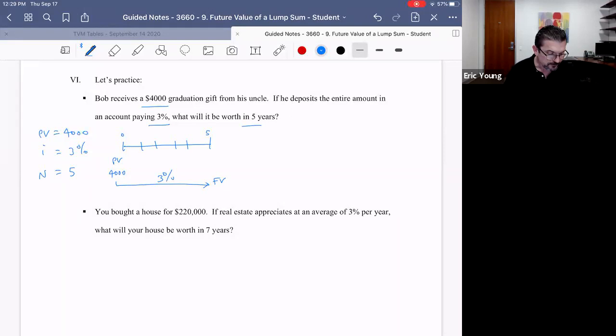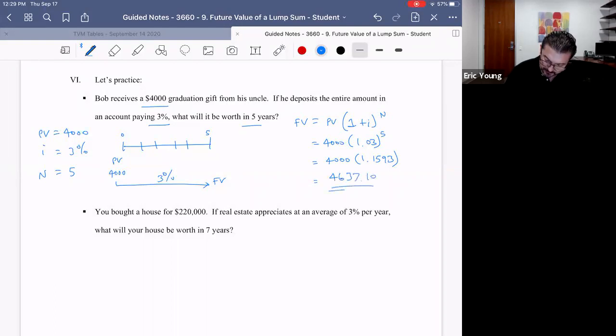To solve it, we would say that the future value is equal to the present value times (1 plus i) to the n, which is equal to $4,000 times 1.03 to the 5, equal to $4,000 times 1.1593, which is equal to $4,637.10.